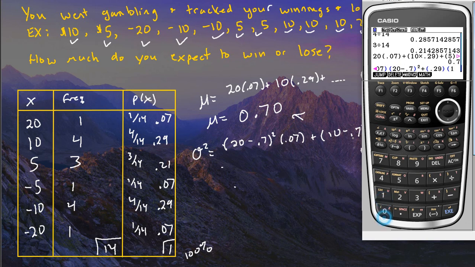The next one, 10 minus 0.7 squared plus. The next one, hopefully I didn't forget one of these. Oh well, too late now if I did. 5 minus 0.7.